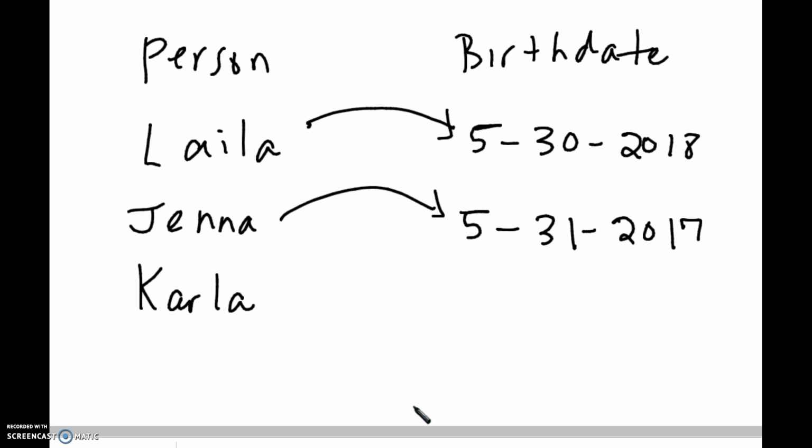Carla may also have been born on May 30th, 2018. But look what happens here. In this example, the person is the input, the birth date is the output, and each input maps to an output, but none of the inputs repeat.